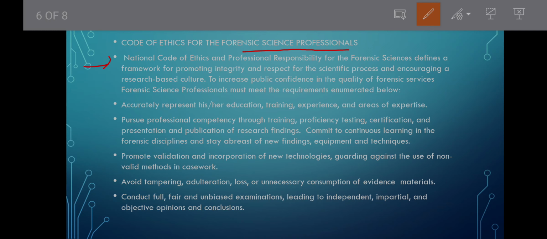The National Codes of Ethics and Professional Responsibility for Forensic Science defines a framework for promoting integrity and respect for the scientific process and encouraging a research-based culture to increase public confidence. Why do we require this ethics? Because we need to increase the confidence of the public.